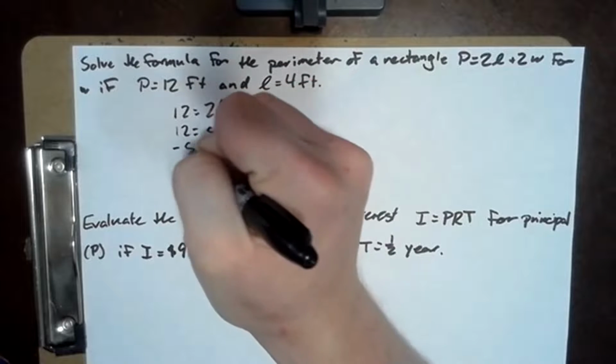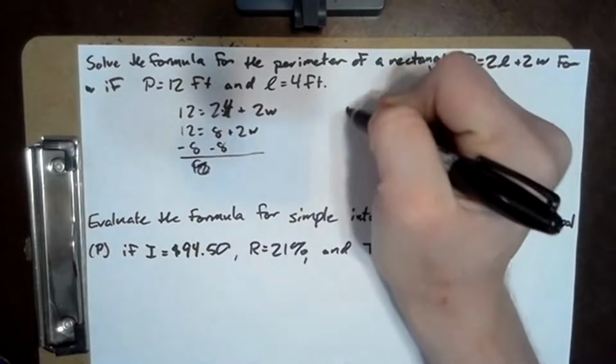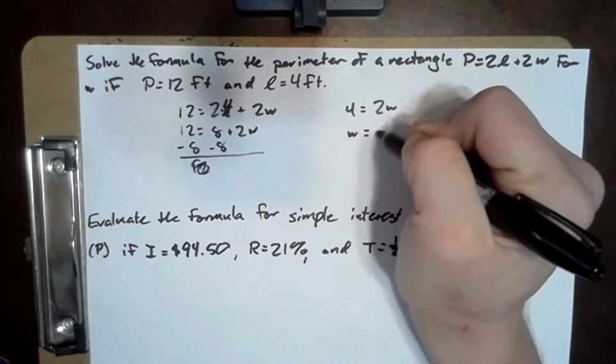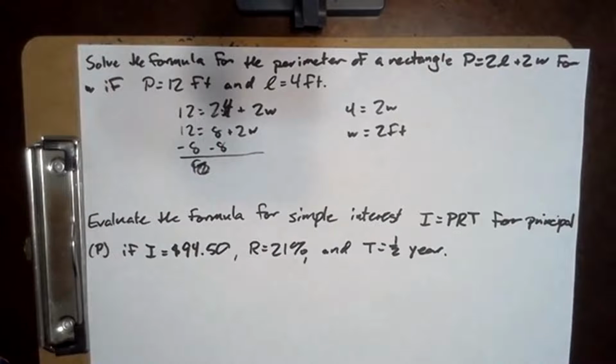I can subtract 8 from both sides to get 4 equals 2W. So W equals 4 over 2, which is 2 feet. And we can check that because 2 times the length is 8, and 2 times the width is 4. 4 plus 8 is 12.